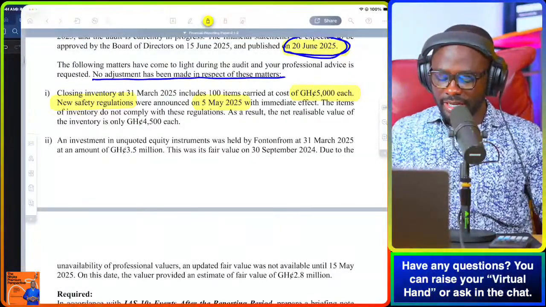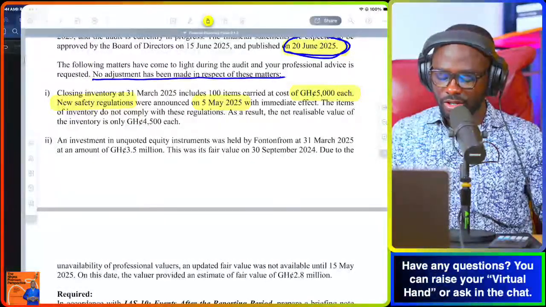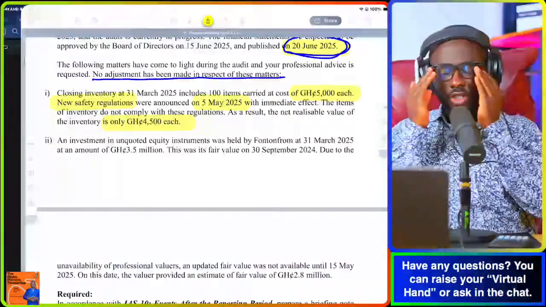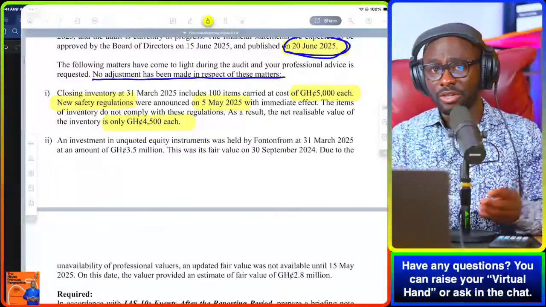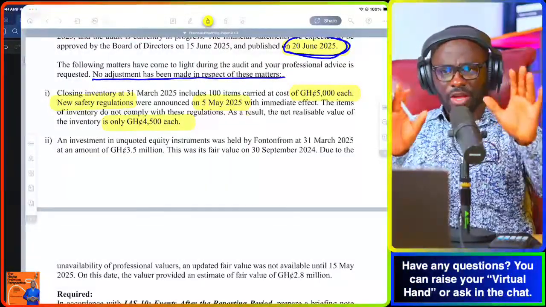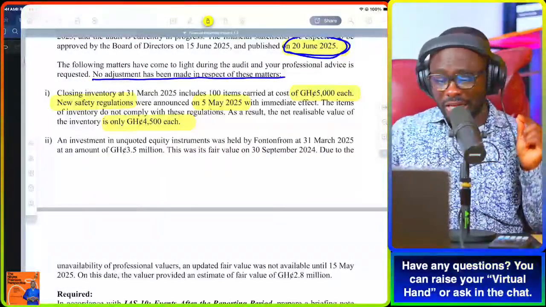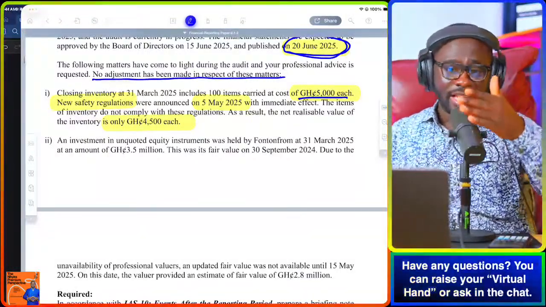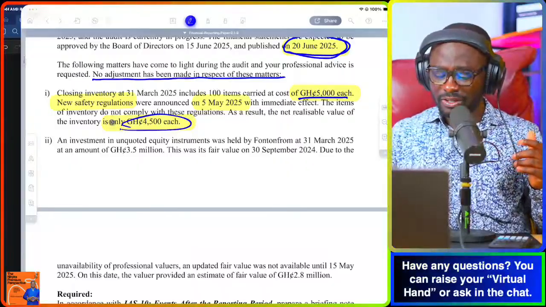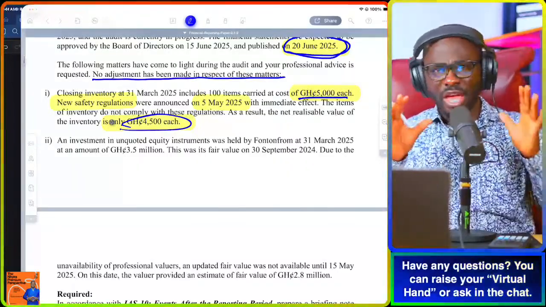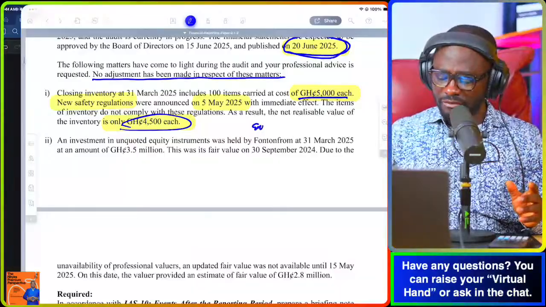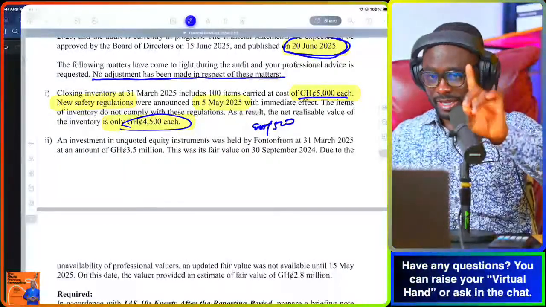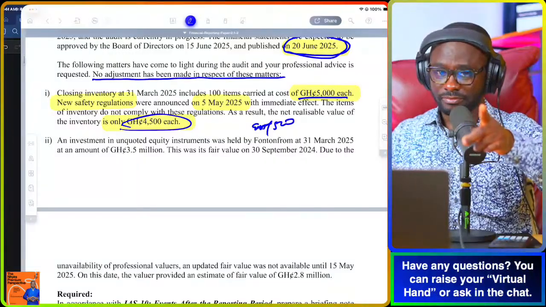As a result, the net realizable value of the inventory is only 4,500. Now you got to be careful here. Inventory should be carried at the lower of cost and net realizable value. So if you're not careful, you just say, ooh, the cost of the inventory is 5,000 cedis and the net realizable value is 4,500, so we have to write down the inventory because it has suffered an impairment of 500. Hey, take it easy. Take it easy.